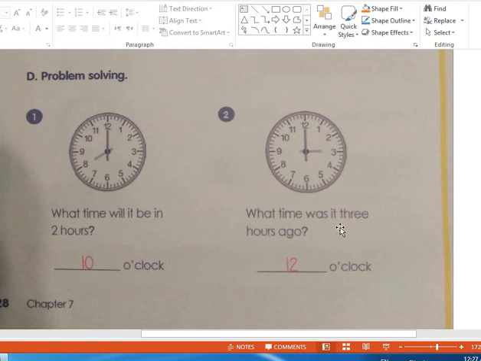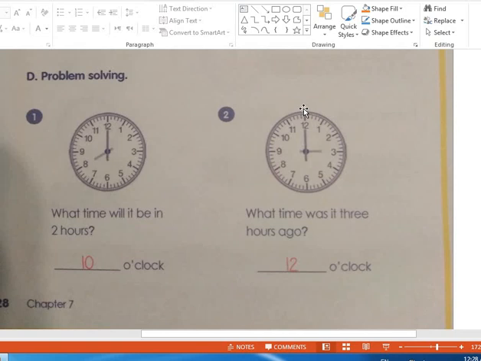Here, what time was it 3 hours ago? Okay, I want to talk about the past. It's now 3. Before 3, minus 3 hours, or in other words, 3 hours ago.